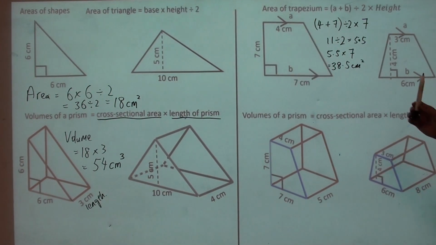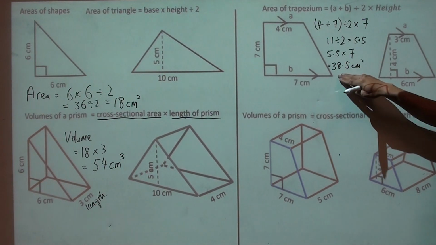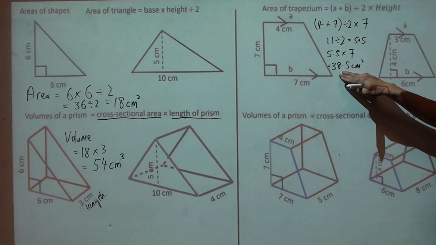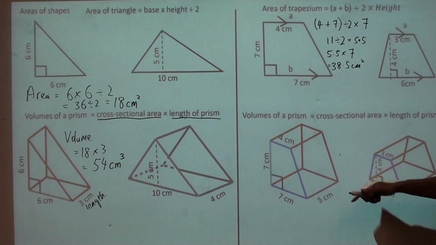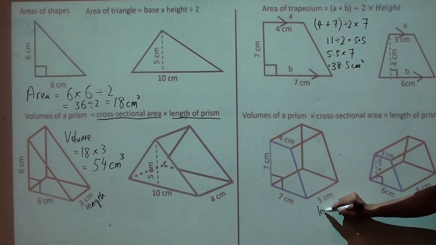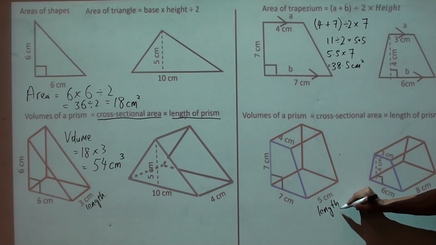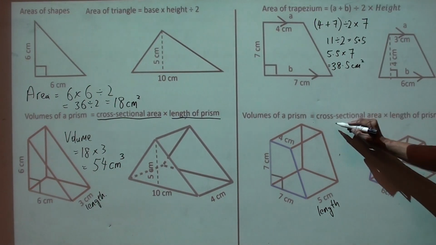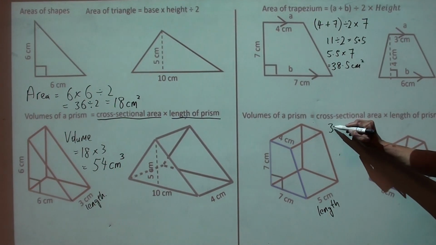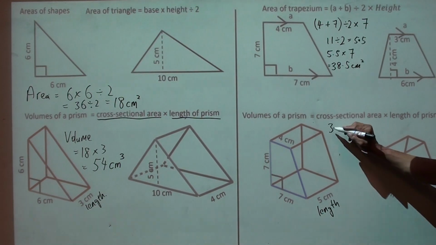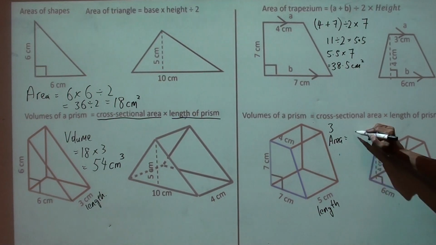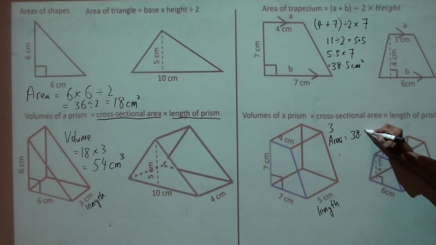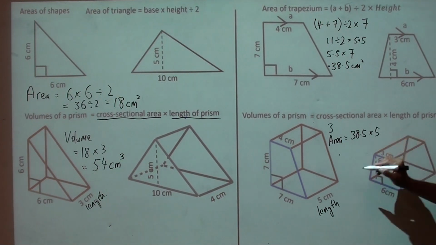So really simply, we're just going to multiply the cross-sectional area, which we have found here already, with the length of the prism. The length is here, the length is 5 centimeters. So really simply, it would be volume equals 38.5 times 5.